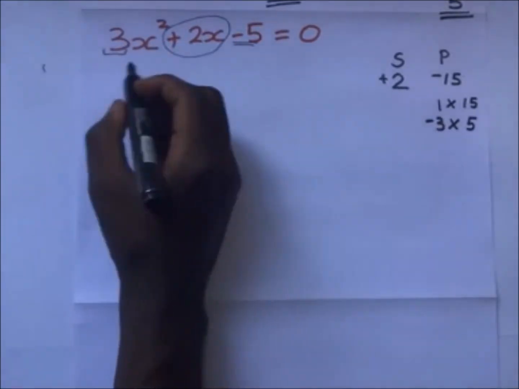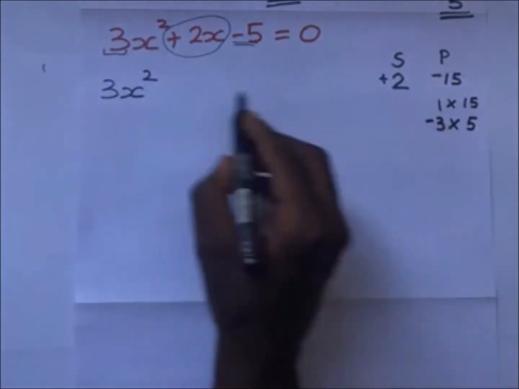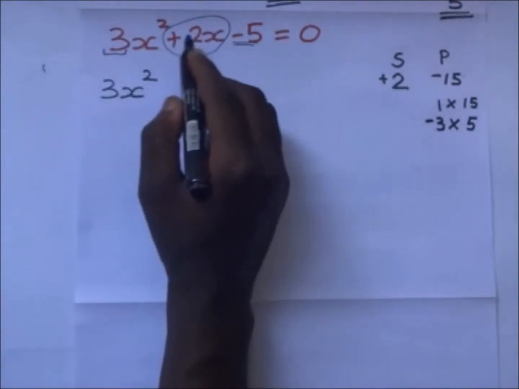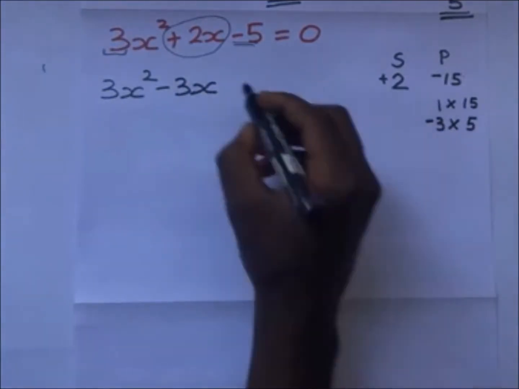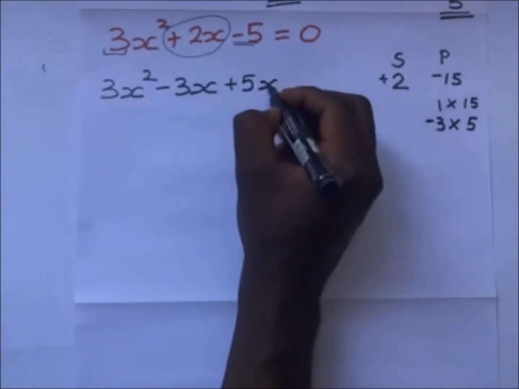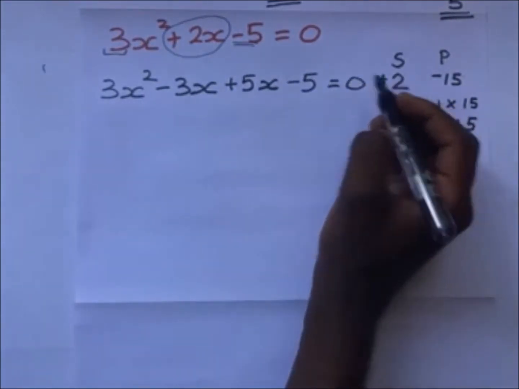Our next step becomes 3x squared minus 3x plus 5x minus 5 is equal to 0.